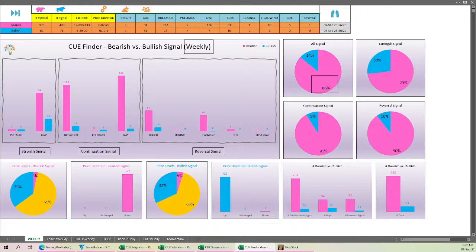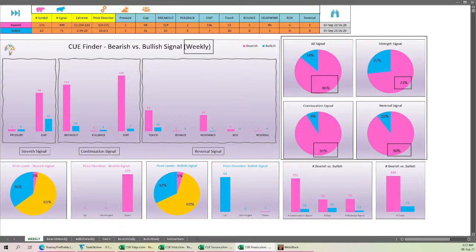All signals 86% bearish, strength 73% bearish, trend continuation 91%, reversal 90%. All the categories are now bearish. If we look at the number of bullish versus bearish signals, it is about 1:6 bullish versus bearish. So that is a very bearish picture.